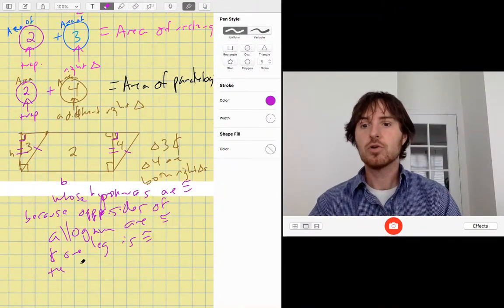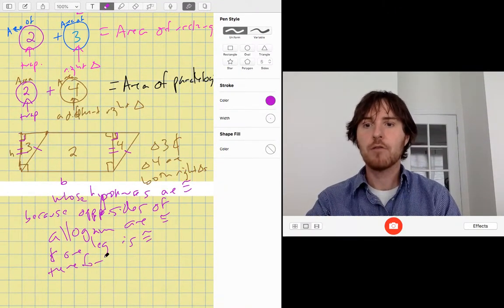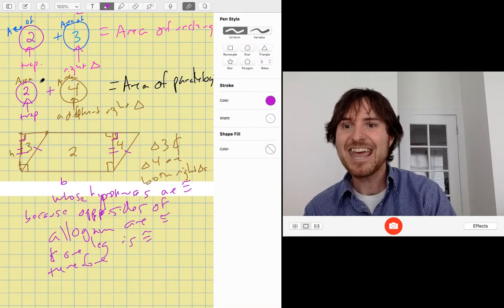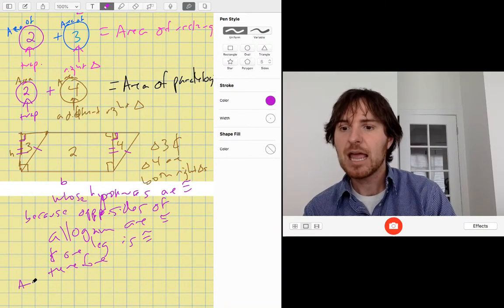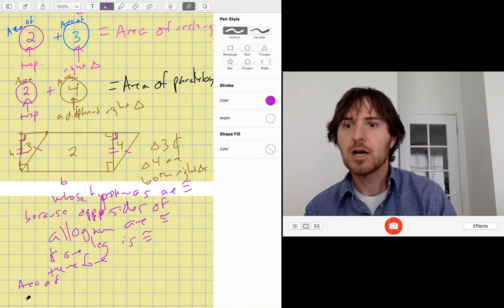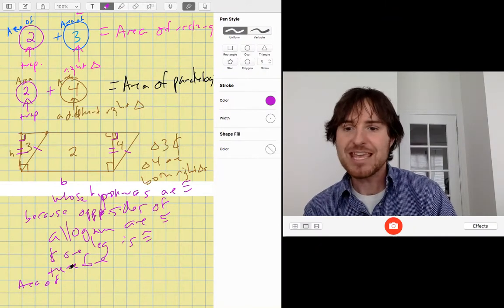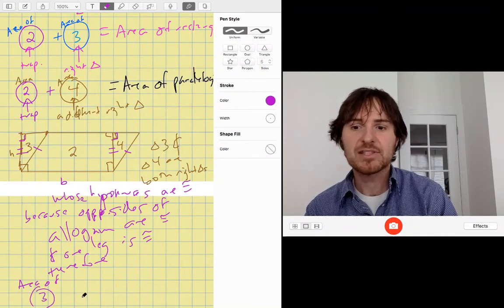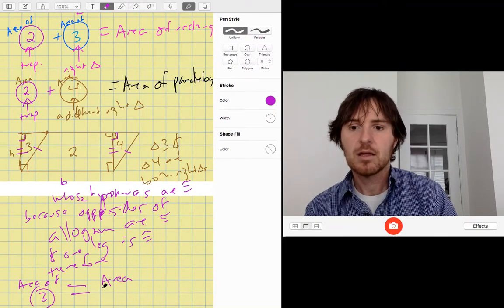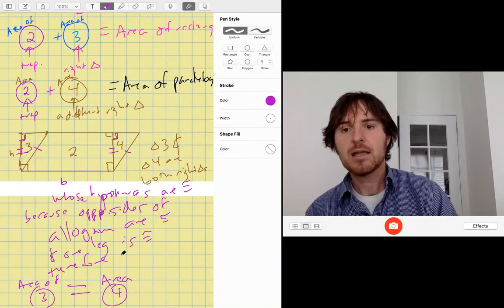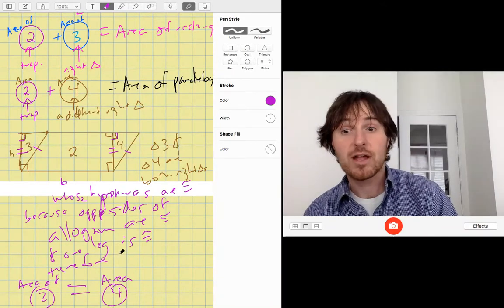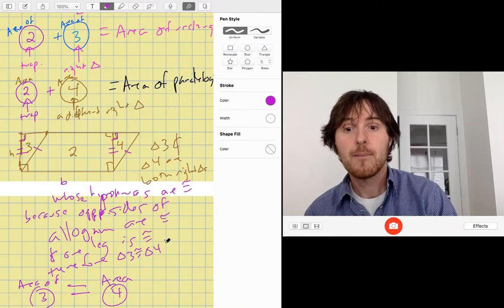Therefore, what I can say here is that the area of shape 3 in this diagram equals the area of shape 4, because the triangles are congruent. Therefore, triangle 3 is congruent to triangle 4 by HL, okay, by HL.